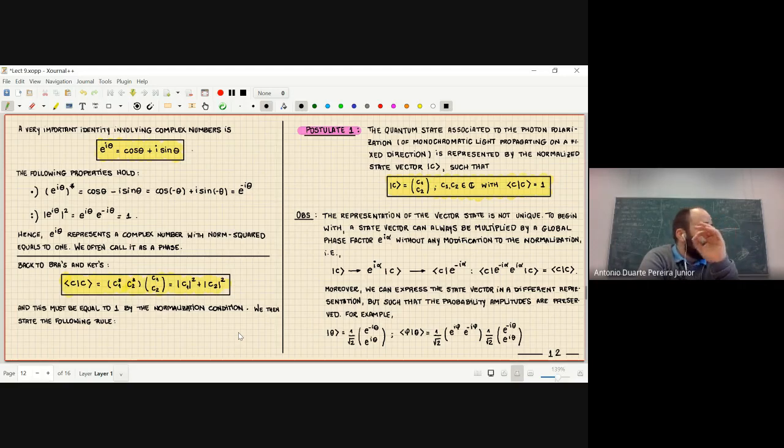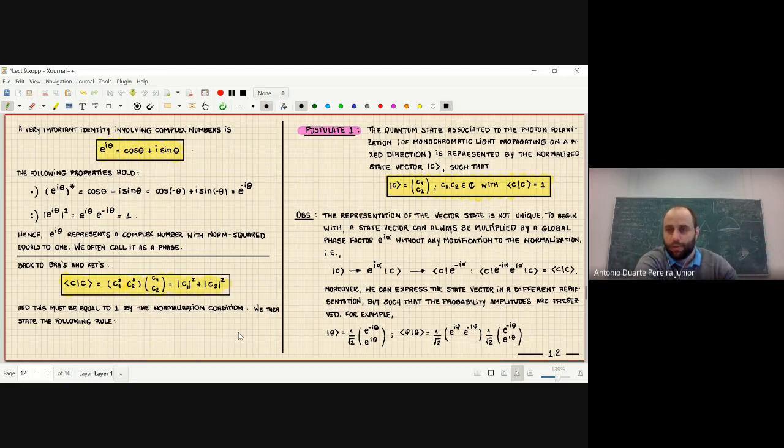You have to be a bit careful here, because a postulate is a rule that I'm telling you that you should obey. And quantum mechanics is written in terms of postulates that you have to obey in order to describe the physical system in a precise way.